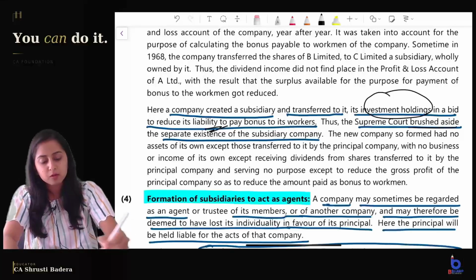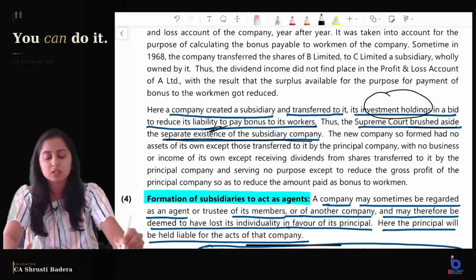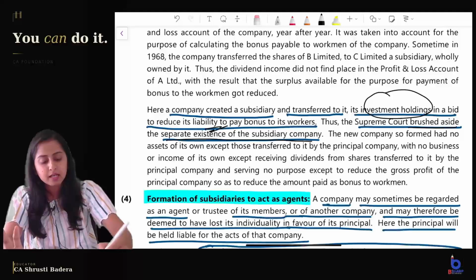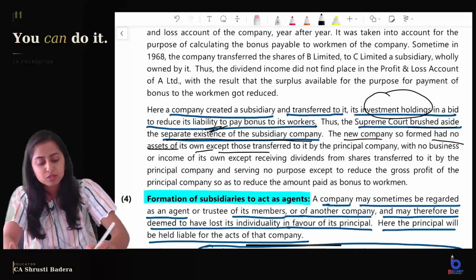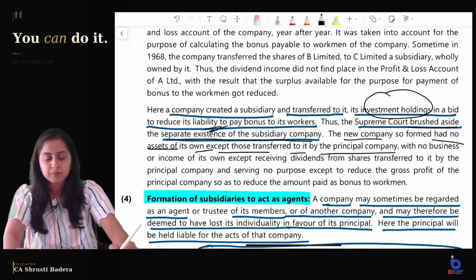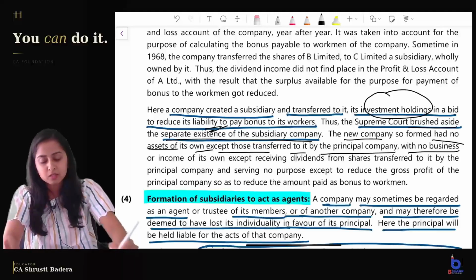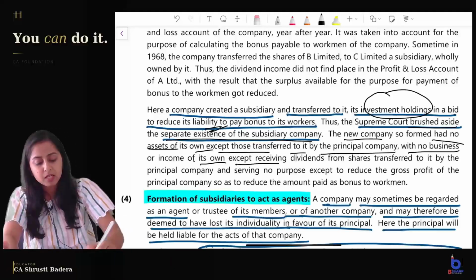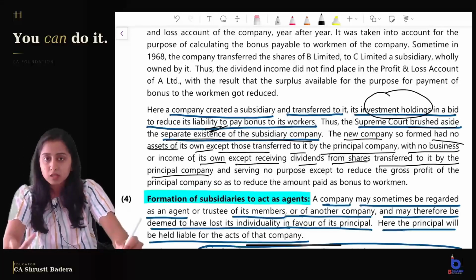Now the Supreme Court brushed aside the separate existence of the subsidiary company because they realized that the new company had no assets of its own except those transferred to it by the principal company. The new company did not have any business or income of its own except receiving dividend from shares transferred to it by the principal company. So the dividend income was, in short, transferred to the new company. Only that much was done, and only for this purpose the new company was incorporated.